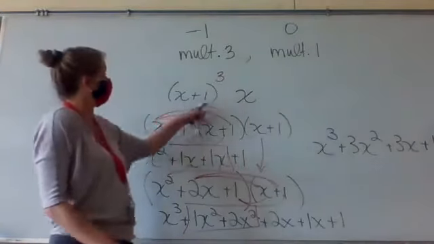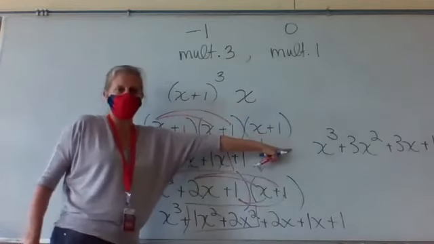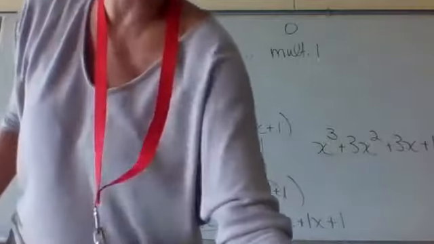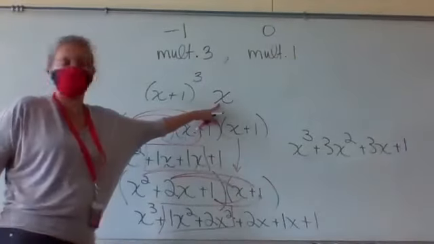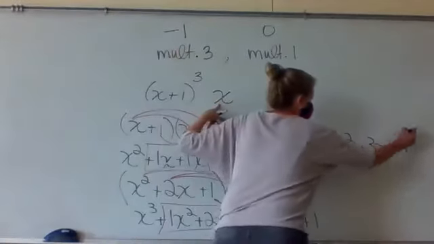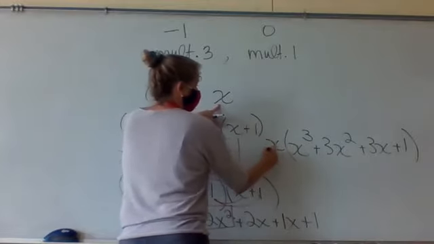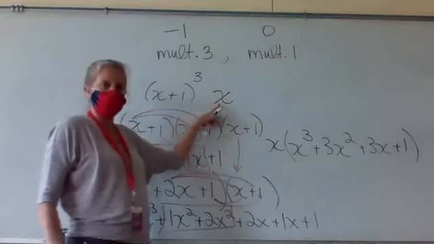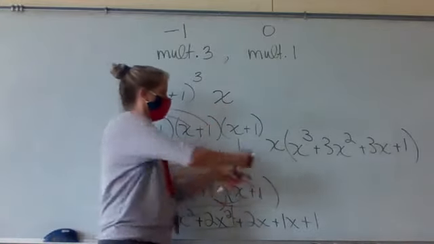So I've taken care of the x plus 1 cubed, which gave me this. Now what do I need to multiply that whole polynomial by? X. You can either put it in front of it or behind it. Remember, multiplication doesn't matter what order you do it in. So if I'm multiplying this whole parentheses now times this x, what's going to happen?